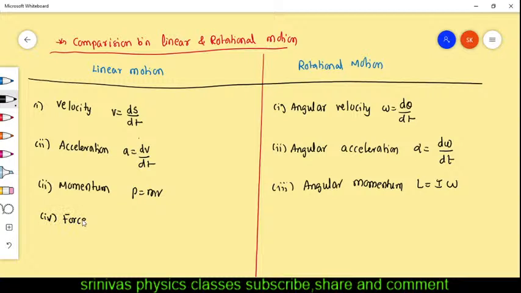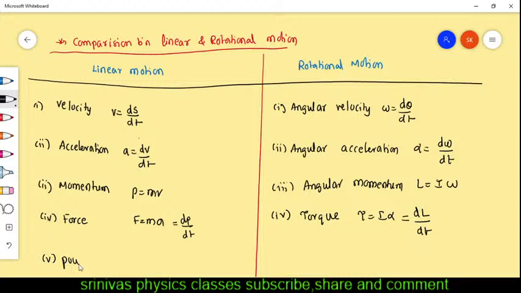Force formula here is ma, or you may know dp by dt. Force here becomes torque in rotational motion. Torque formula is I alpha. Instead of mass, I comes. Instead of acceleration, angular acceleration comes. In dp by dt, instead of linear momentum, angular momentum comes.